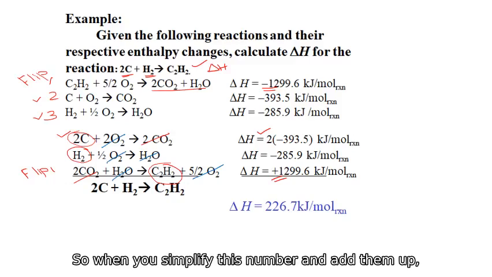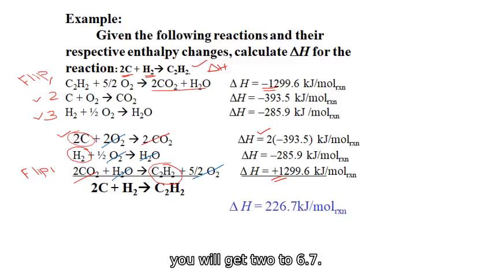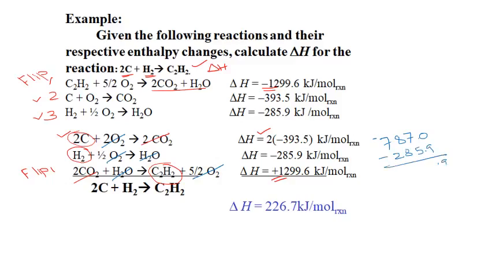So when you simplify these numbers and add them up, you will get 226.7. Multiply these two, you will have a negative value here and a positive value here. And then when you add them up, so let me show you. So this is negative 285.9, correct?